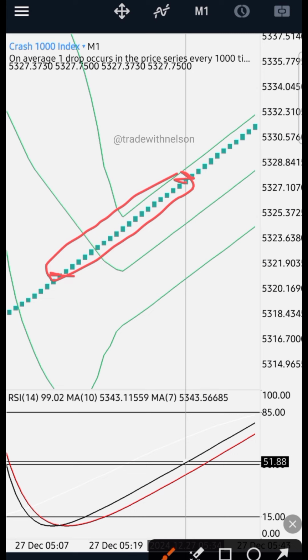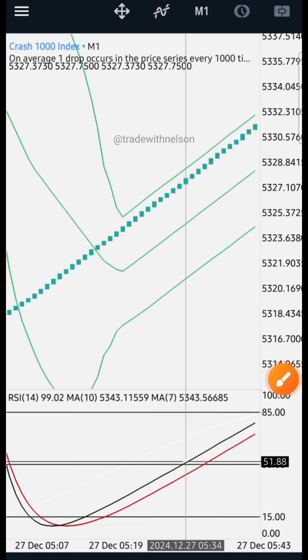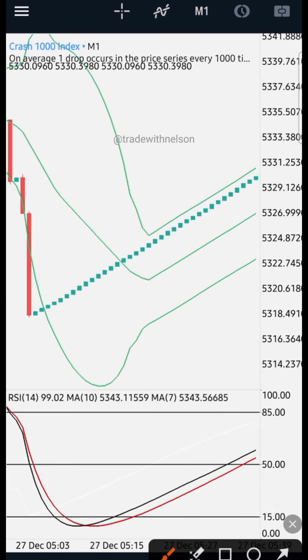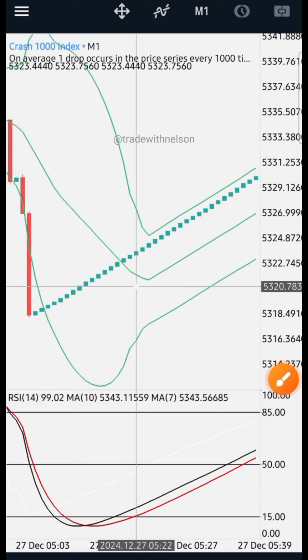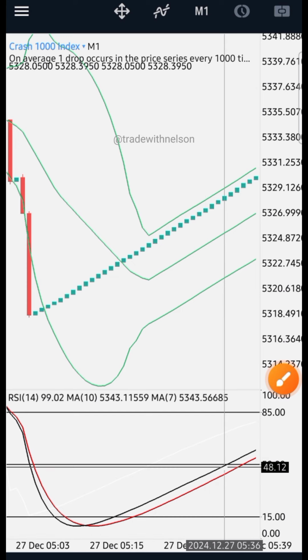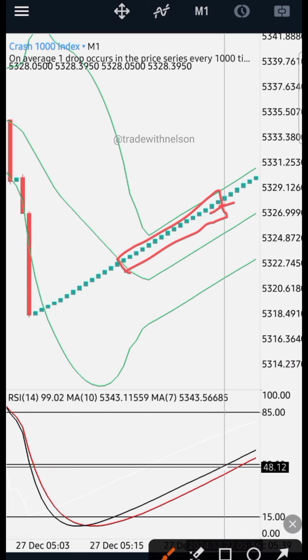As you can see, that is almost 20 candles, while the low risk entry is the one where we wait for the market to go above the middle band. So when it goes above the middle band, then we confirm that the market has completely changed trend. So then we wait until the market also touches the 50 level before we exit our trade from this point to this point.